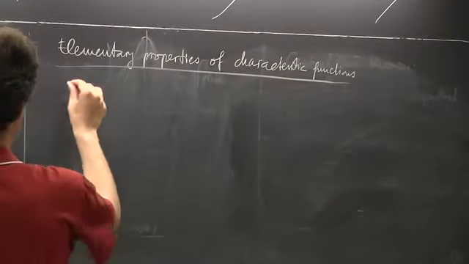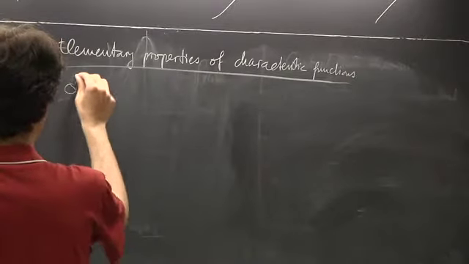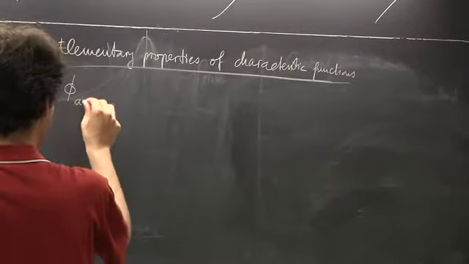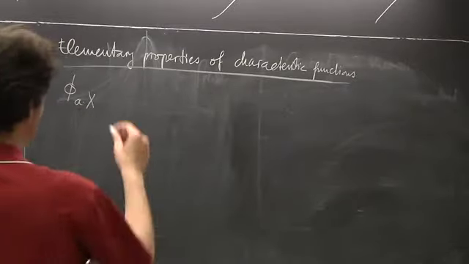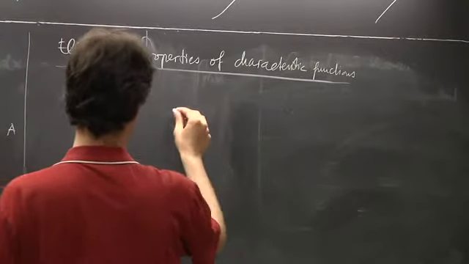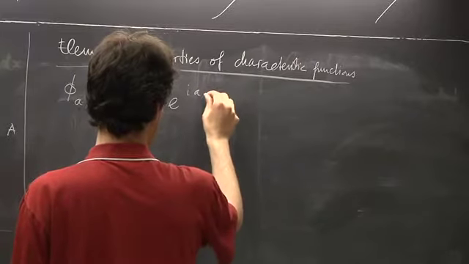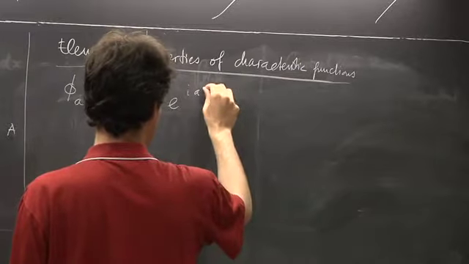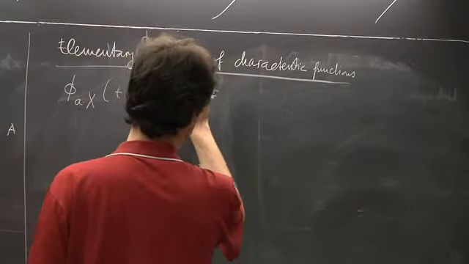Okay, so first thing is x is always our random variable. Now if I want the characteristic function of the random variable times a constant a, then by definition this is just the expectation value of e to the i a x t instead of x t, right?